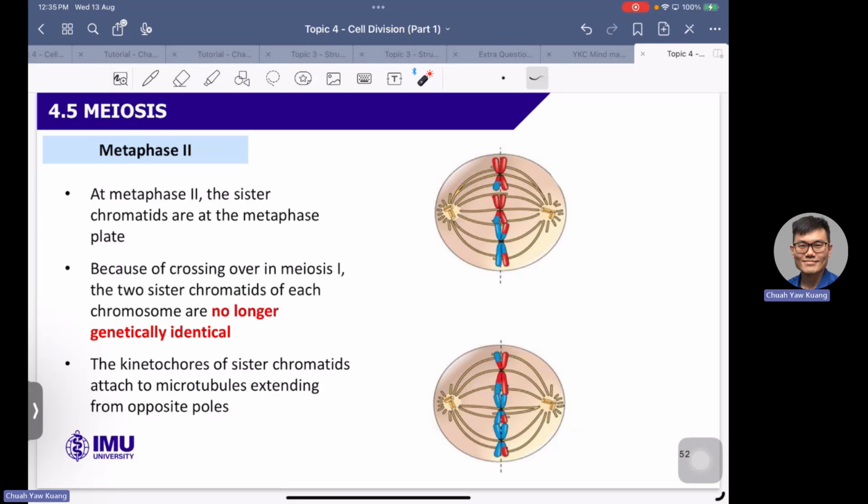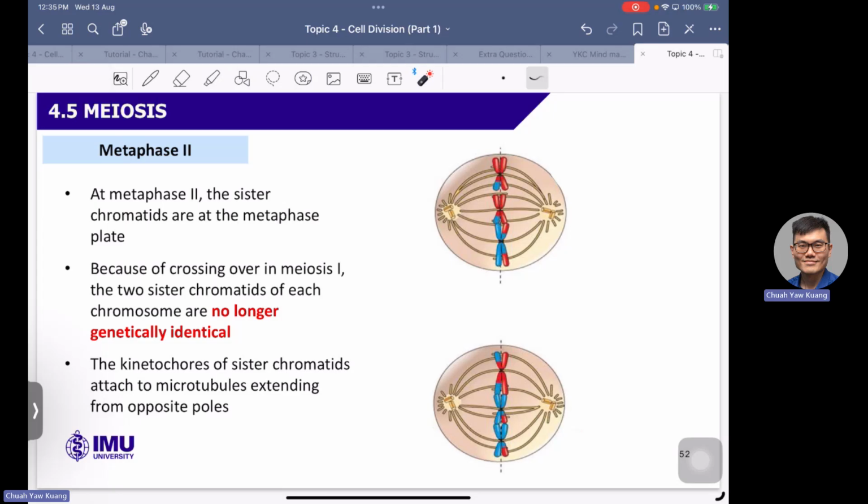The whole thing is the same. You can see that the term that is used is the same. Everything is the same. But what is the difference? The difference here is that the chromosome number is half. Okay. So for example, let's say they draw 6 chromosomes being aligned. Then in another picture they draw only 3 chromosomes being aligned. Okay. So in this case, which one is the metaphase 1?